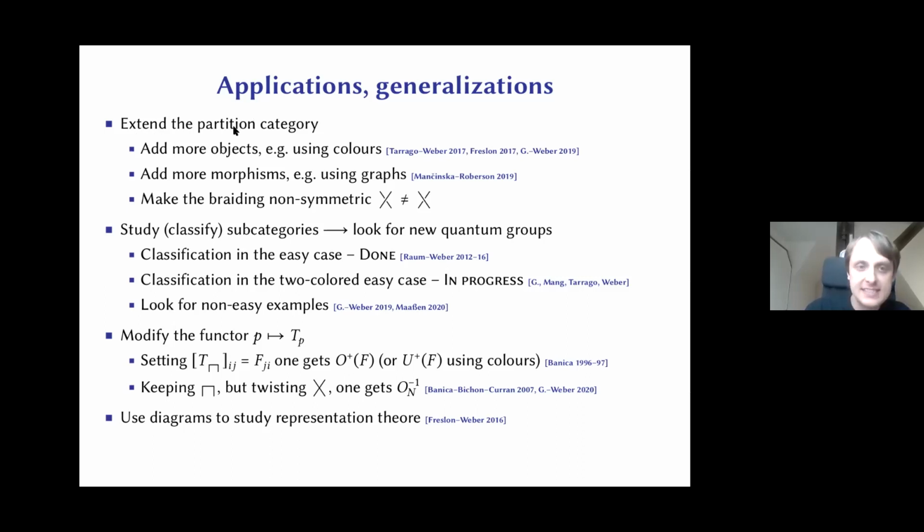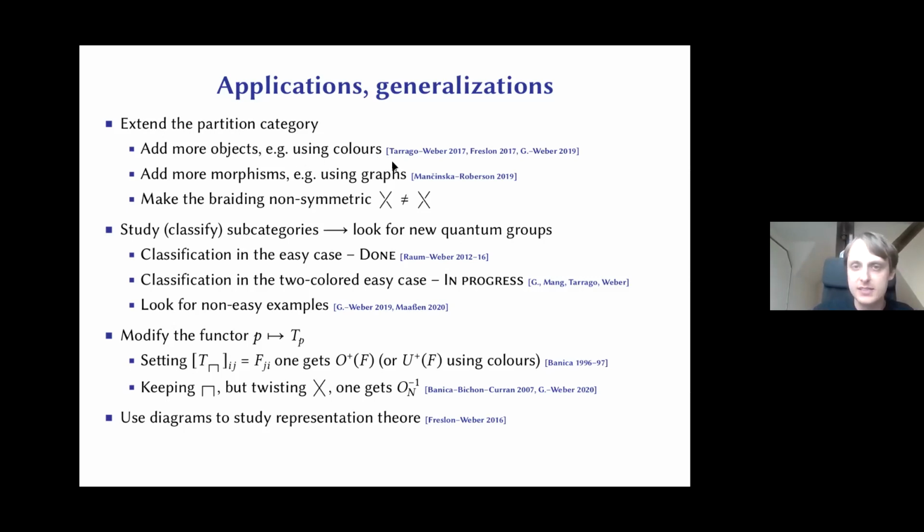First of all, you can extend the partition category even more. So for instance, I said that all this applies just to the orthogonal case because we did not somehow handle those adjoints, those U_ij stars. So if you want to do that, you have to use colors.